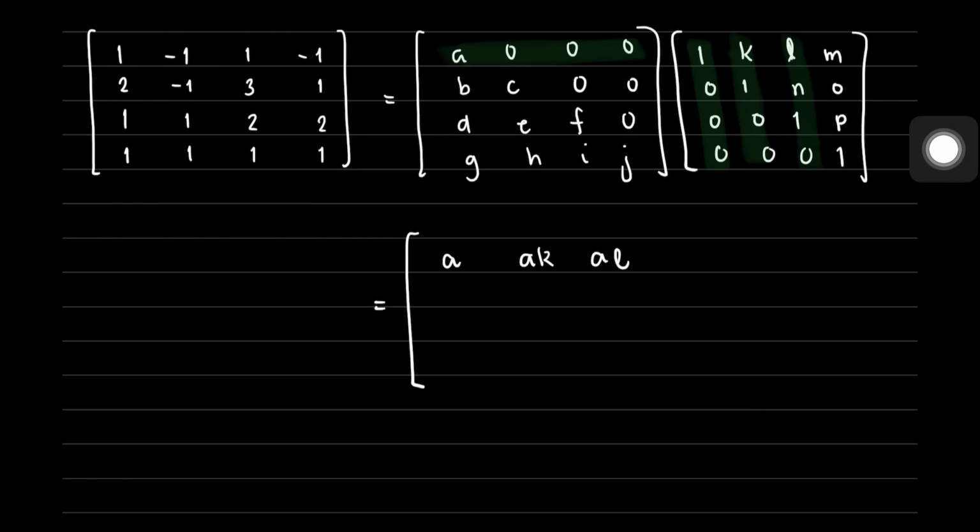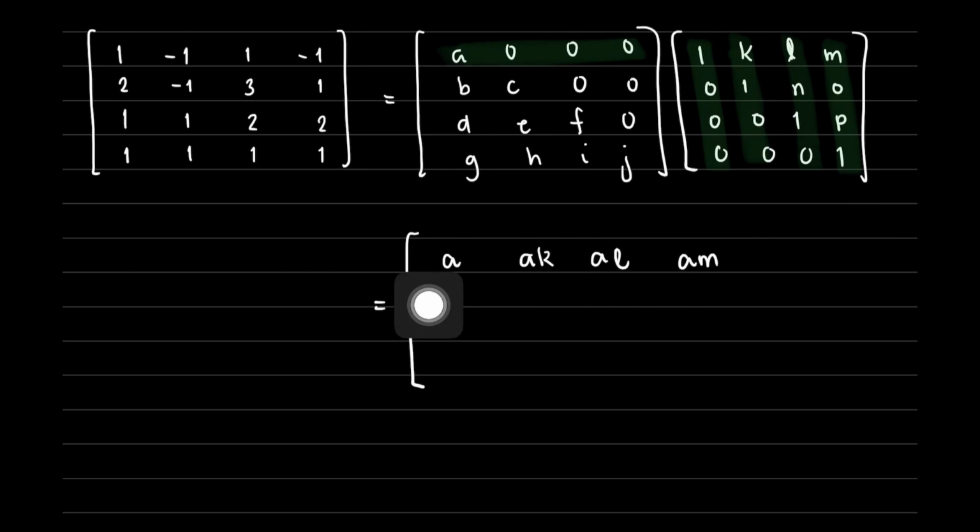And finally, for the first row of the resultant matrix, we multiply the first row with the last column. That would be equal to a multiplied by m, because 0 times 0, or o, I should say, and then 0 times p, and then 0 times 1. So that is the first row.